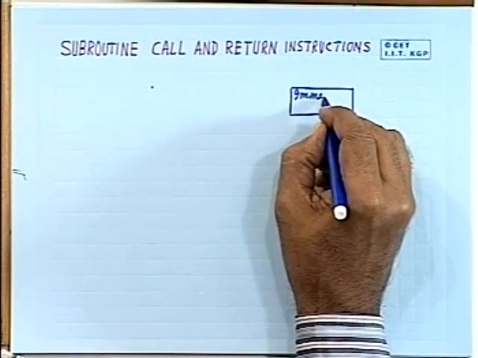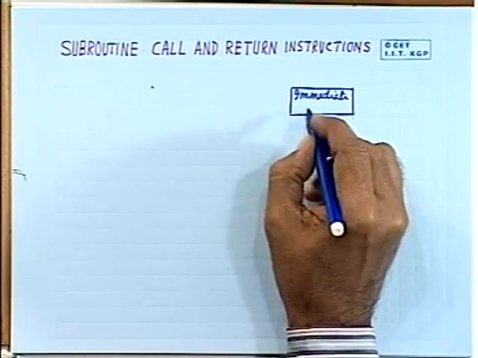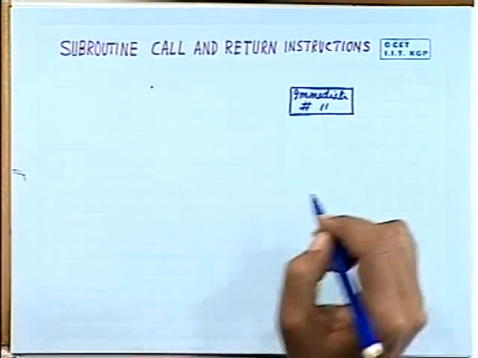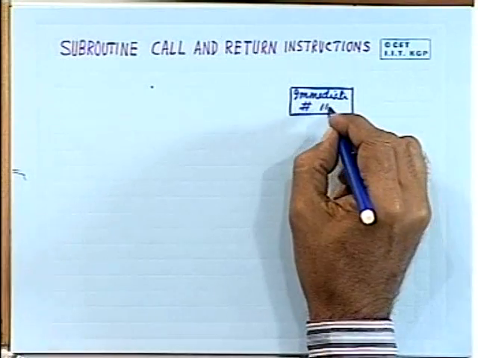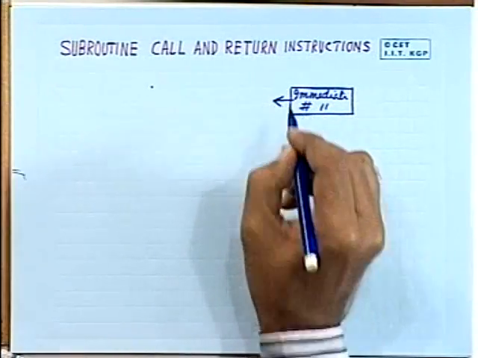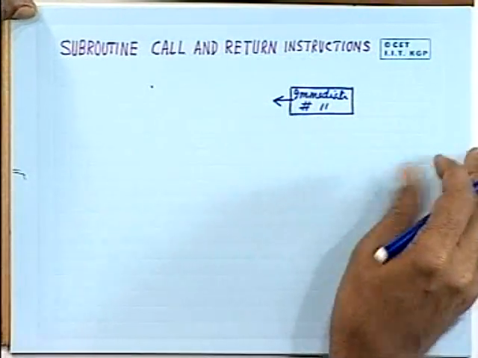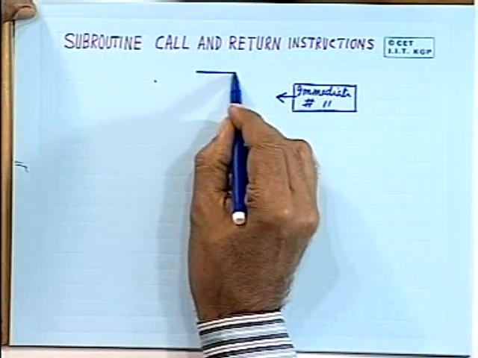This 11-bit immediate data is transferred to the program counter, so the program counter is affected here.